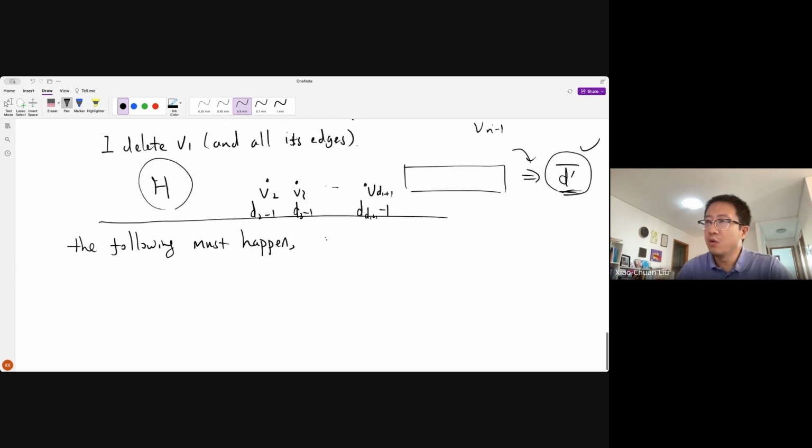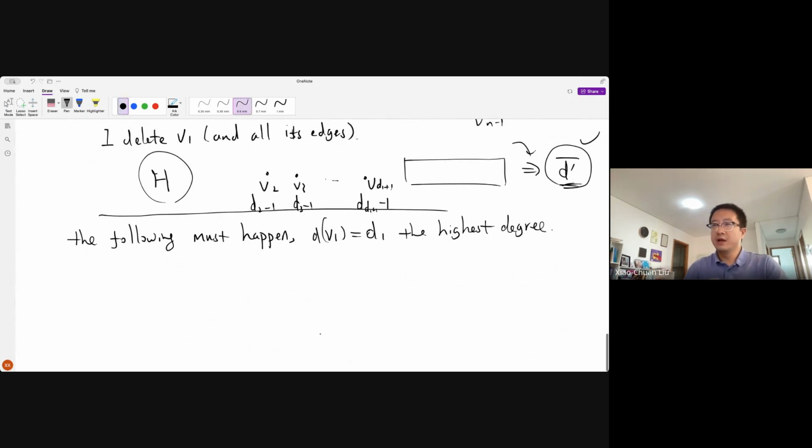Again, V1 has the highest degree. I mean, the degree of V1 is D1. It is the highest degree.